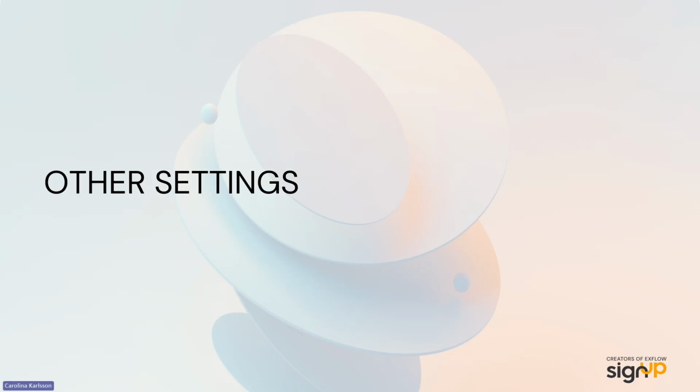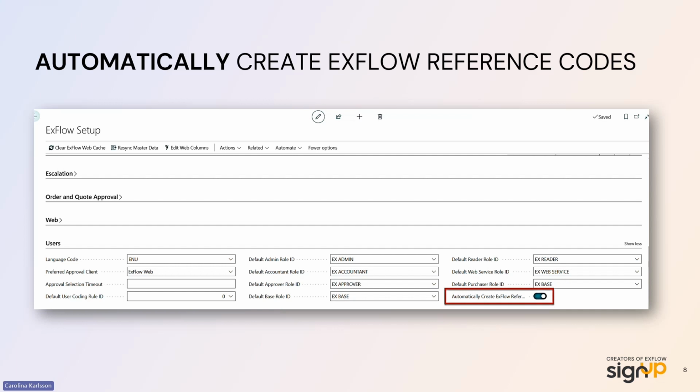Okay, so we have two other settings connected to this. One that I mentioned is that you can automatically create ExFlow reference codes. So if you activate this setting, then every time you create a new user, it also generates a reference from that username.